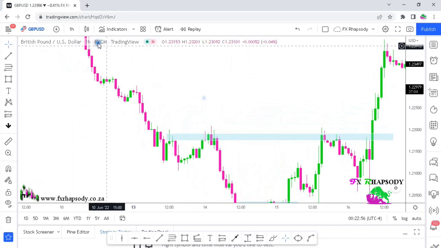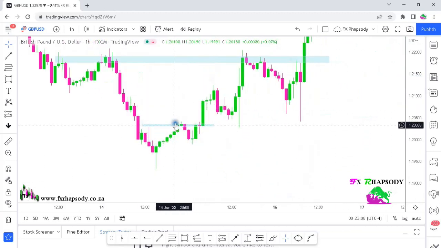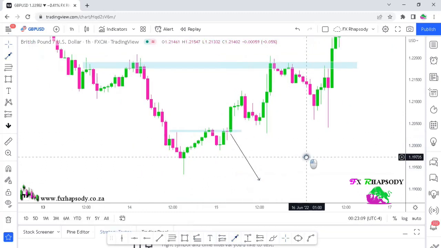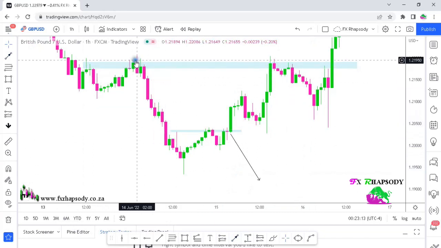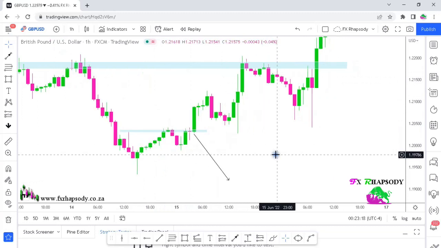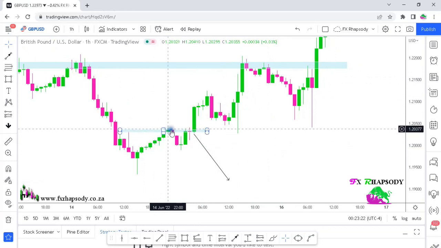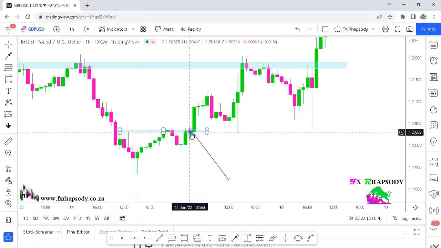Price created the same one, going up, coming down, retesting that, and where we expect price to go down again, following the same routine it did when it was in a downtrend. Now we can see price doing exactly the same thing, coming up, hitting that area, coming down, going up again, but not going down even further.